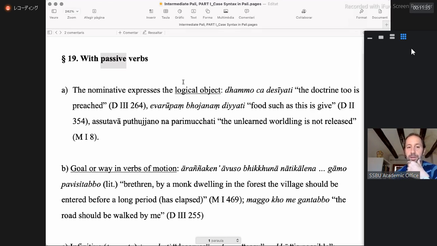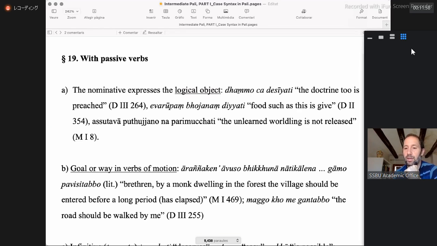But the subject, the grammatical subject, like dhammo desiyati, the doctrine is taught or is preached. Here dhammo is the passive subject. Sometimes you will see the concept of the patient subject. But it's still the logical object. That is what is being taught.